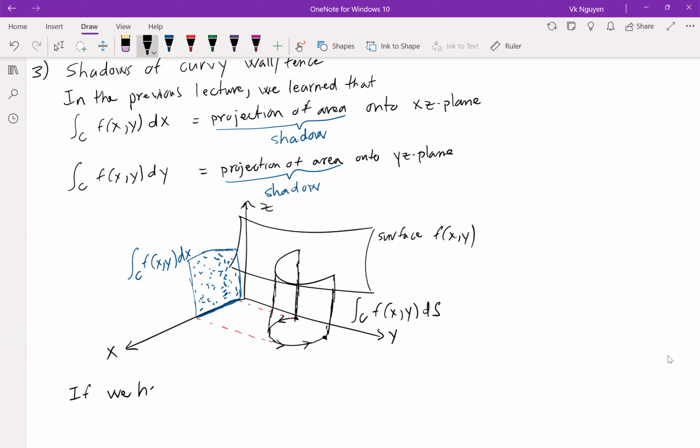If we have integral C of P(x,y) dx and integral C of Q(x,y) dy, then you can combine them together. You can add them up.